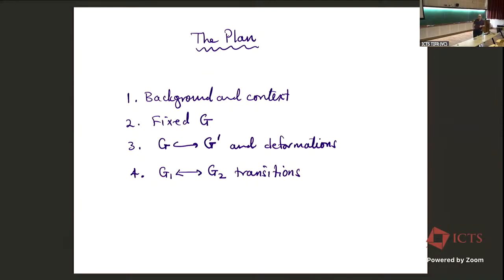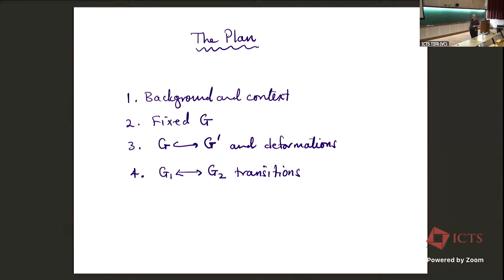Okay, so the plan roughly is this. I'll start with some background and context for what we're talking about. And then I want to say some things in 3 different settings. The first is where we just have a fixed group and we talk about geometric structures associated to that.